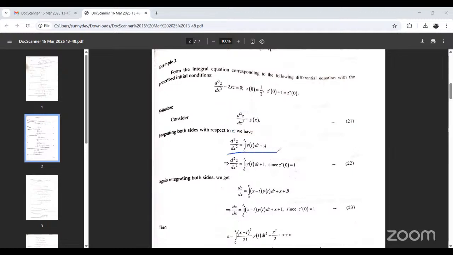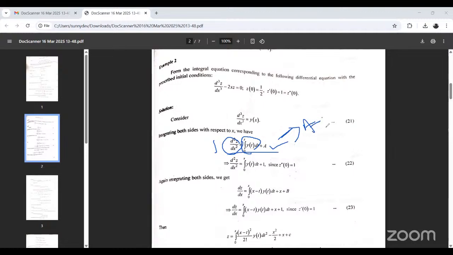So d square z by dx square is the integral from 0 to x of y of t dt plus a. Now z double dash of 0 equals 1, so if we substitute here, the integral becomes 0, and we get a equal to 1.